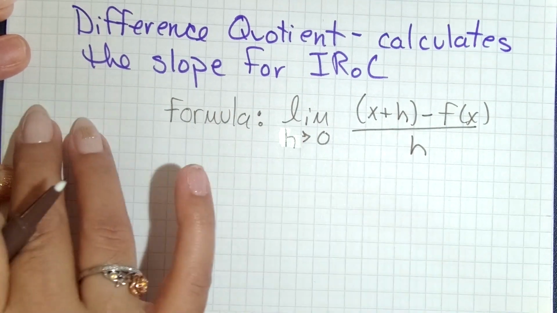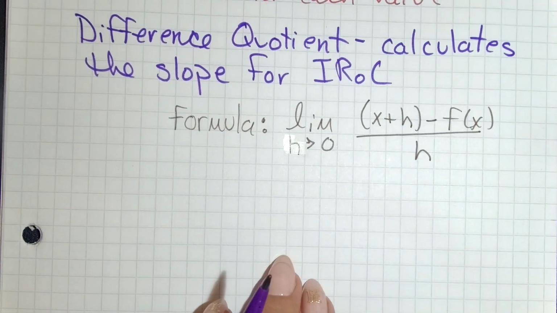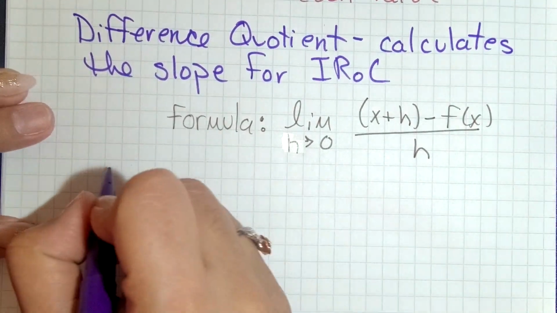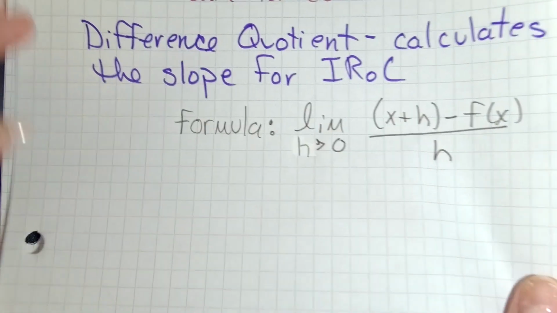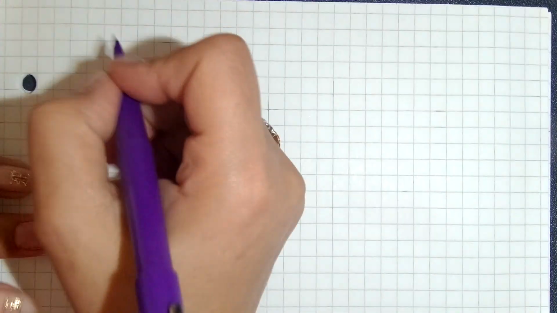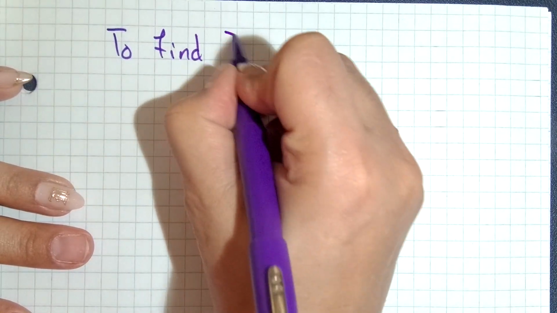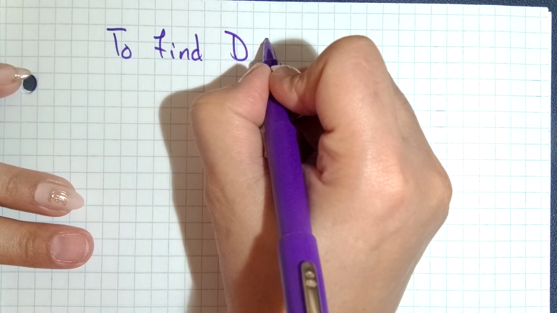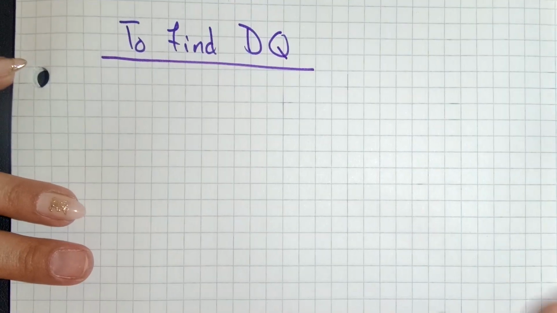Okay, so how do you use this formula? So I'm going to give you steps. Let me change pages. All right. So, to find the difference quotient, there's going to be steps.